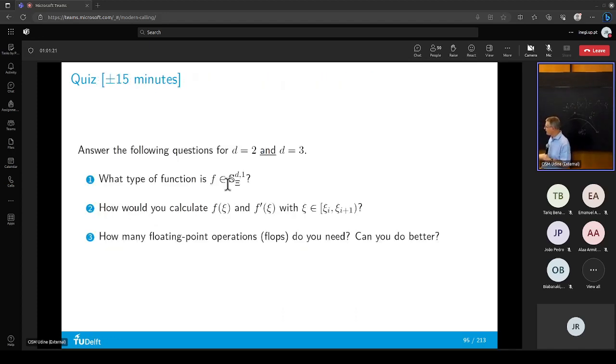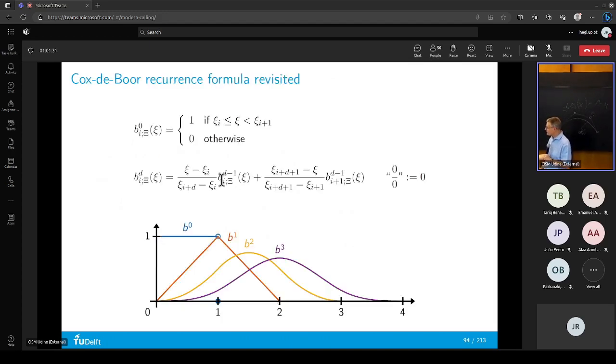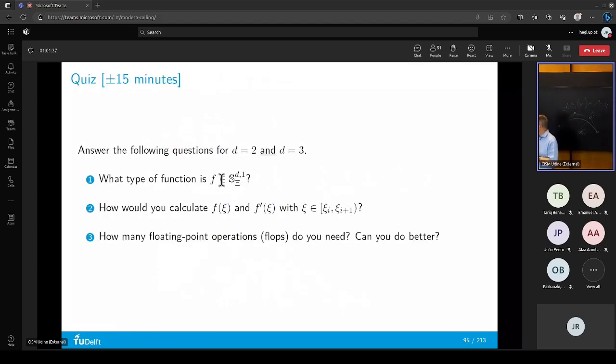So the first answer is we have piecewise quadratic or cubic polynomials. If you sit down and calculate the function really based on the formula, it gets very large and very unhandy and impractical. Not to speak of first derivatives, not to speak of second derivatives, etc. By the way, there is not even a closed form of higher than first derivatives.